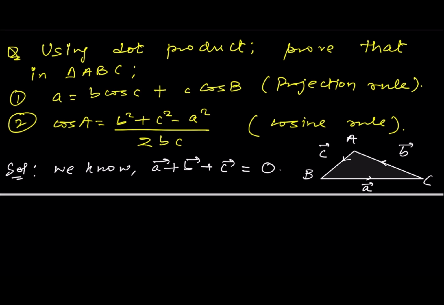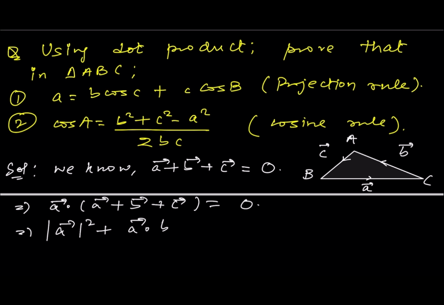Now, taking dot product with a vector on both sides. So a dot (a vector plus b vector plus c vector) is equal to a dot 0, that is 0. Now a dot a, that is mod of a square, plus a dot b plus a dot c is equal to 0.